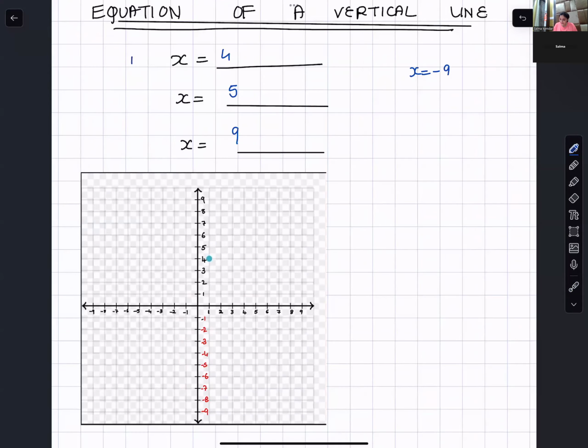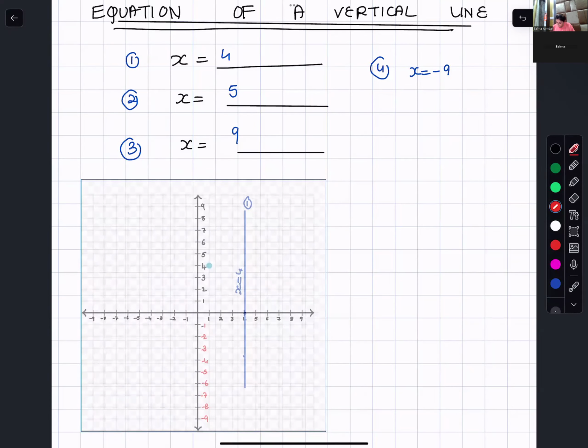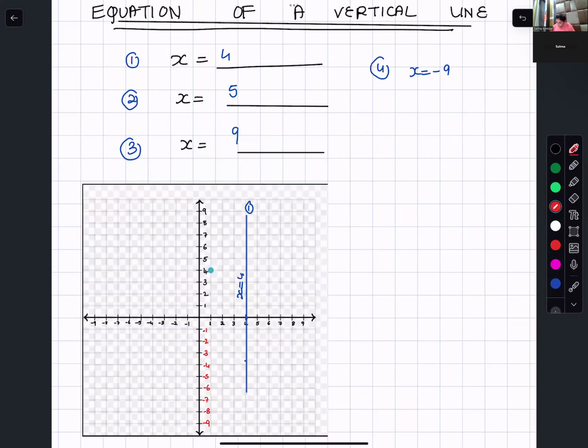We can draw this: the first one, x equal to 4. Second one, x equal to 5. The equation of a vertical line would always be x equal to something.